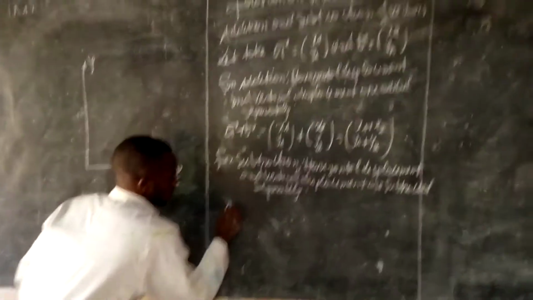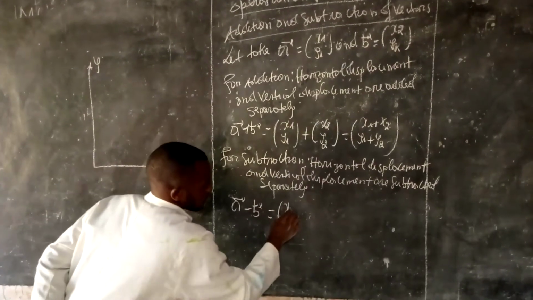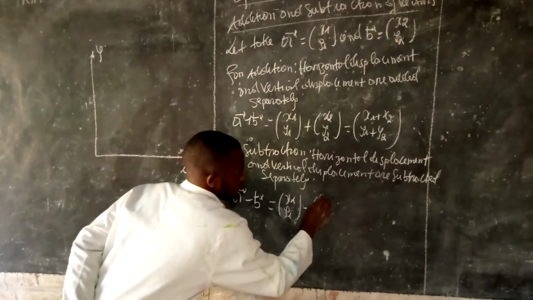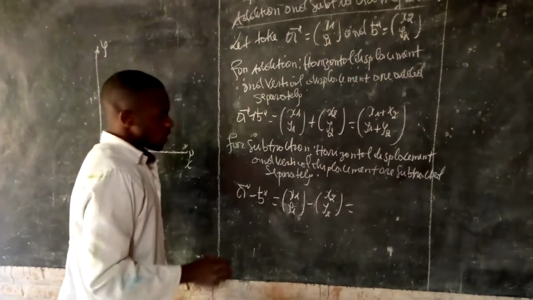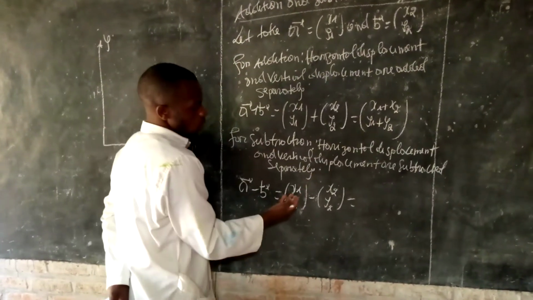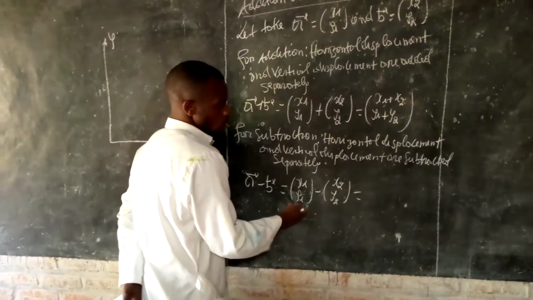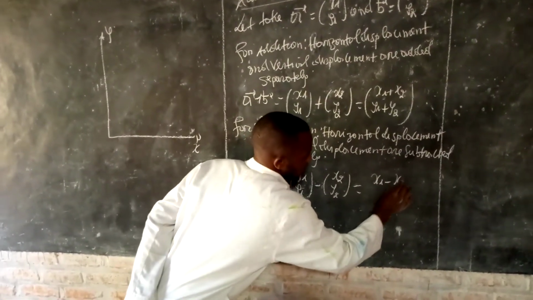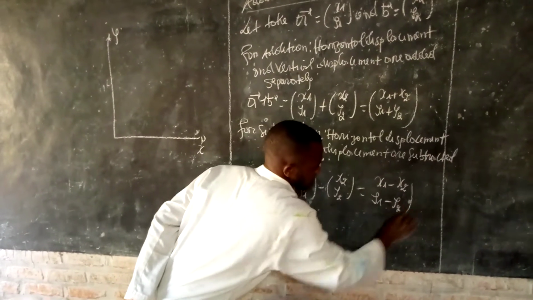So vector A minus vector B, we get x1 y1 minus x2 y2, which means you have to subtract the horizontal displacements and subtract the vertical displacements, and now you get x1 minus x2, y1 minus y2.